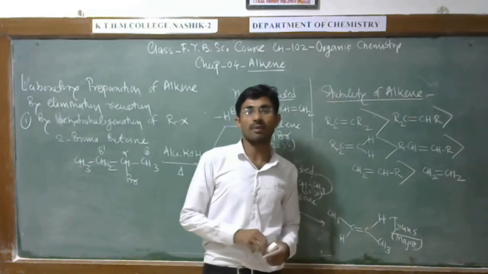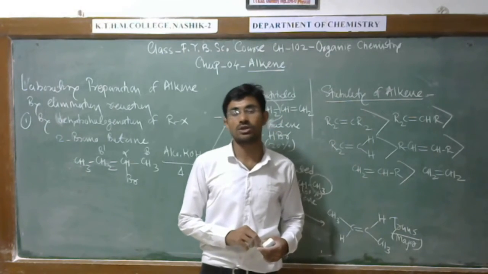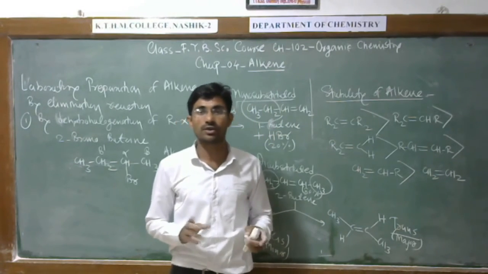In this way, we can write the stability of alkenes. So this is about the orientation of double bond according to Saytzeff.